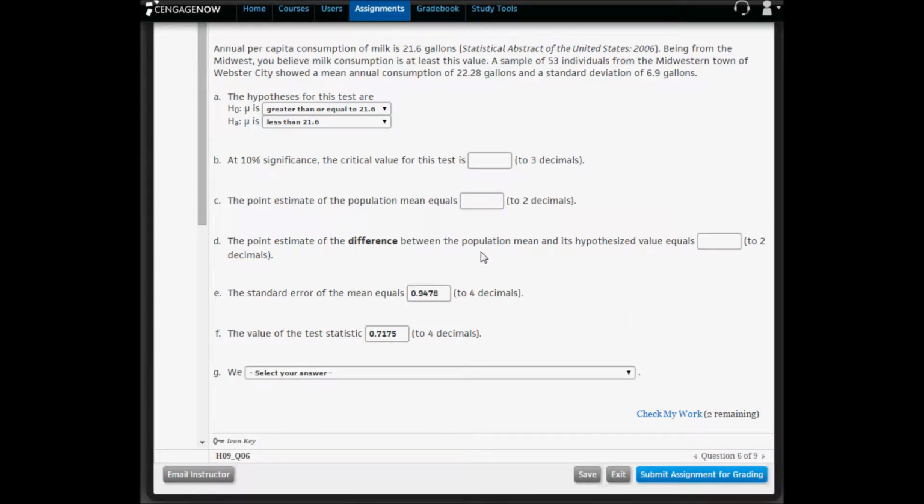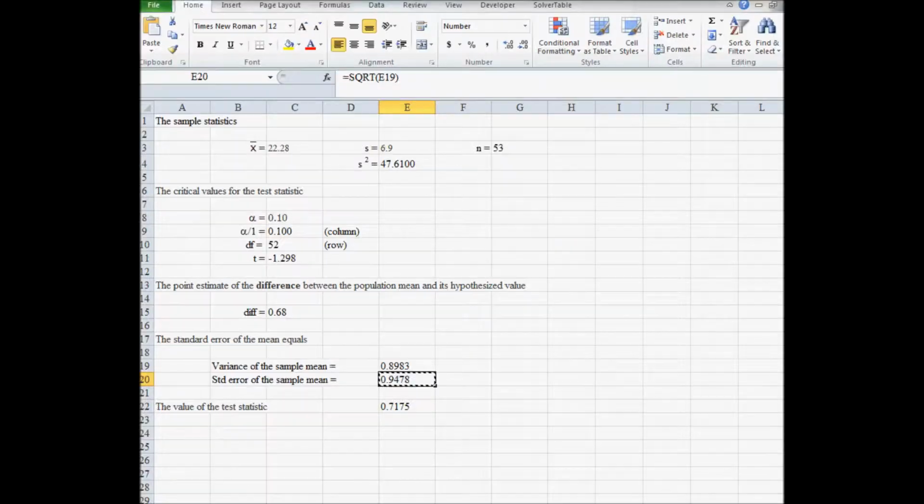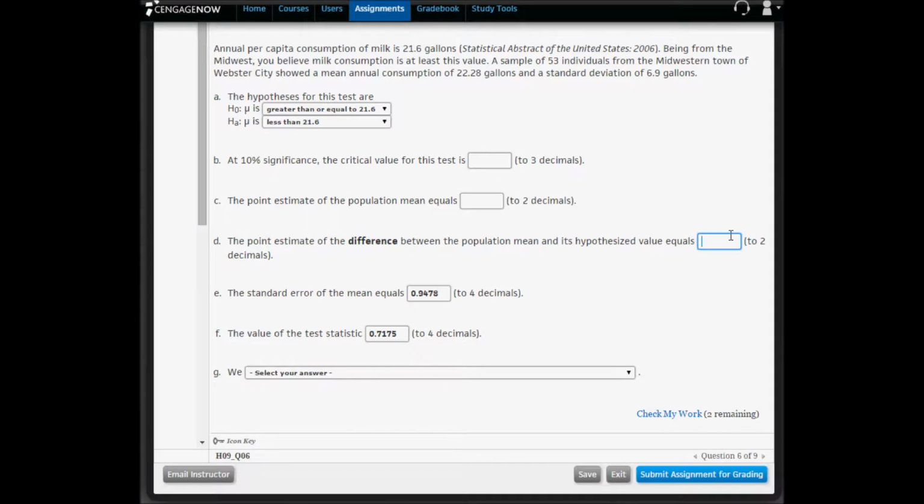The point estimate of the difference between the population mean and its hypothesized value to 2 decimal places is 0.68. The point estimate of the population mean, which came from our sample of 53, is 22.28.